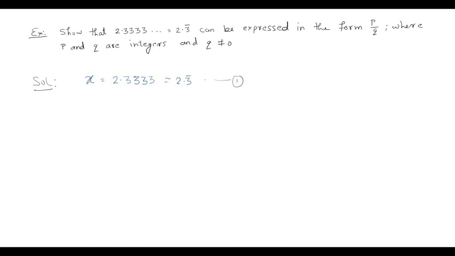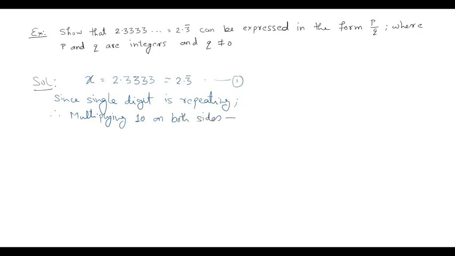10, since a single digit is repeating. Multiplying 10 on both sides, we get 10 times x equal to 10 times 2.3333..., which is 23.3333... So that is 10x.